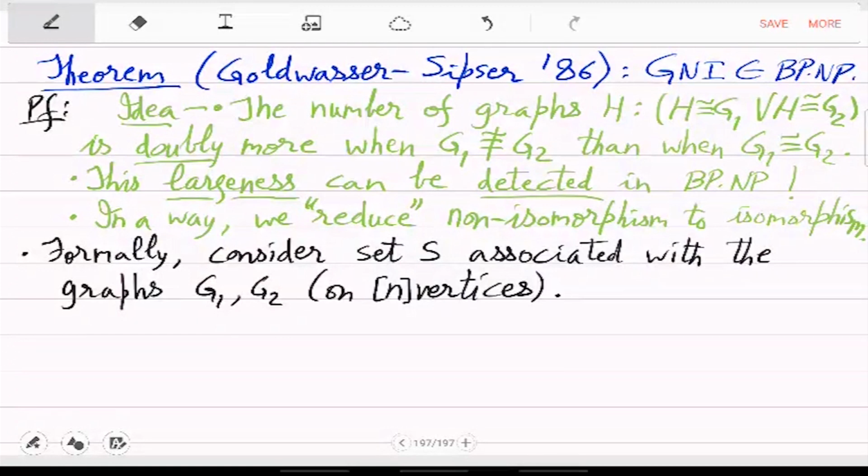So we can assume that G1, G2 have the same vertex set, and the same will be for H. So S is the set of H. So this is an important definition.